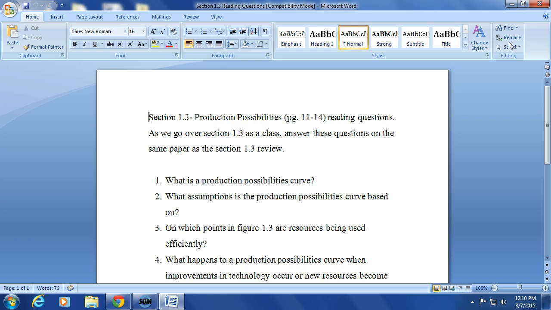So the important thing to remember on a PPC is any point inside of the PPC is going to be an inefficient use of resources. Any point on the PPC is going to be an efficient use of resources. And any point beyond the PPC is going to be impossible to produce with those existing resources.